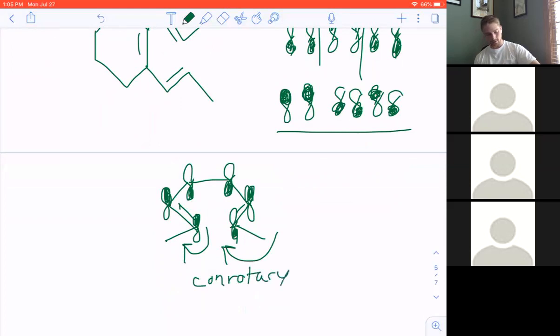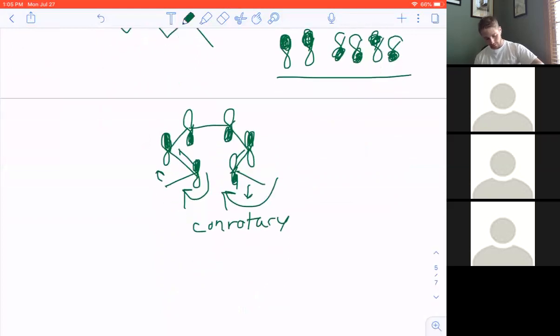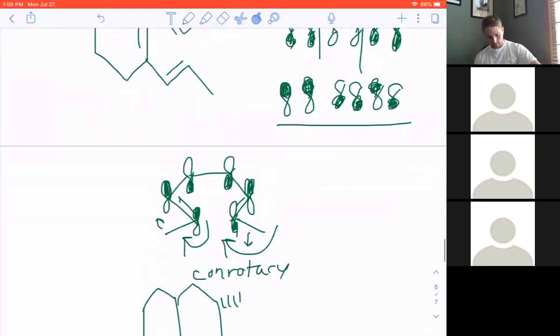What that's going to do then is, if you rotate, this methyl group's going to be facing up now. This one's going to be facing down. And so the products you could have then are, so you have this.